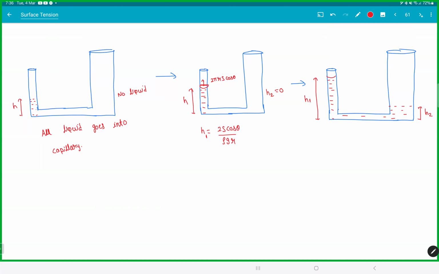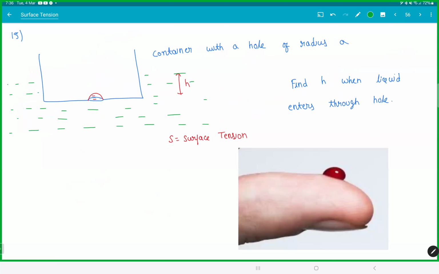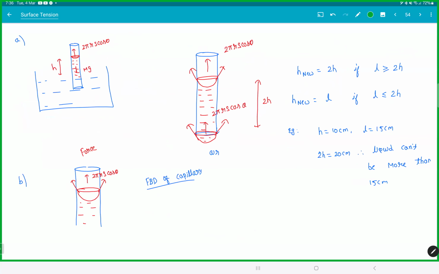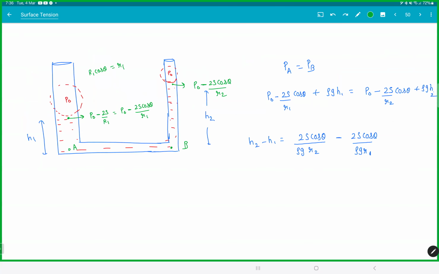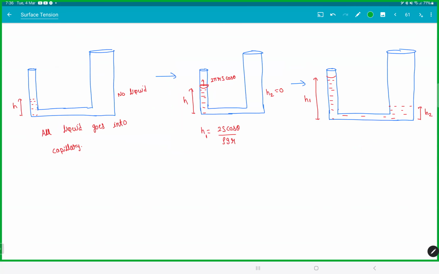This will be H1. Remember that question we did, the 12th question? If you had taken two different radii on both the sides, what is the difference in height? This, na? And for the big one, this term will be 0, isn't it? Because the radius is too big. So what you'll notice, up to this height, whatever is this difference will be 2S cos theta by rho g r.